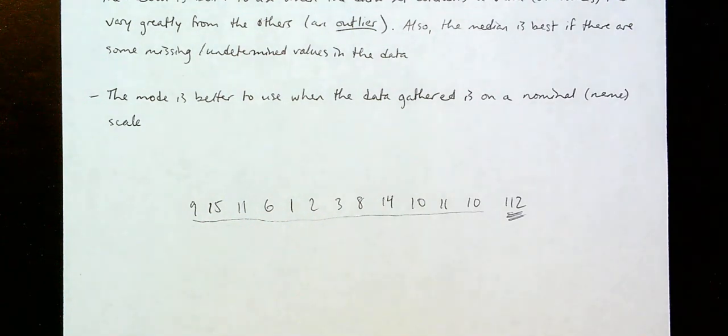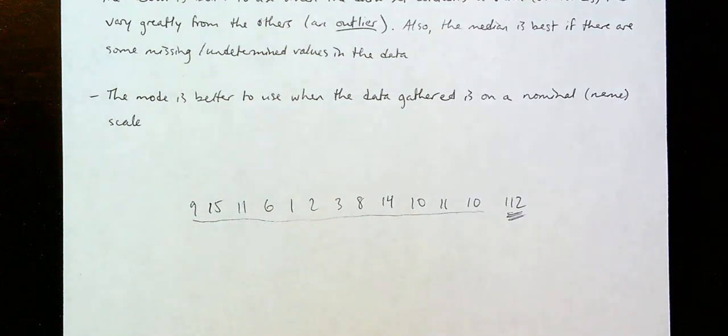The data that you get from those kinds of surveys is all stuff that's on a nominal or name-based scale, and the mode is really what you would want to use there to get a true sense as to what the average person is saying about your product or your service.